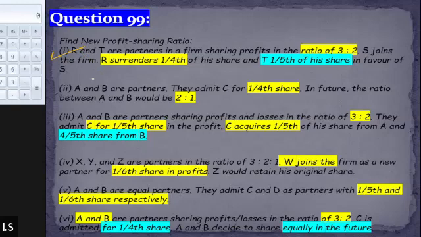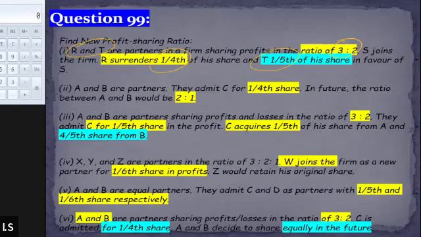Case one of question 99 says that there are two partners, R and T, sharing profits and losses in the ratio of 3:2. R surrenders 1/4 of his share and T 1/5 of his share in favor of S. So their sacrificing ratios are given, and we need to find out the new profit sharing ratio for R, T, and S. Tell me everyone, if case one is clear to all of you.